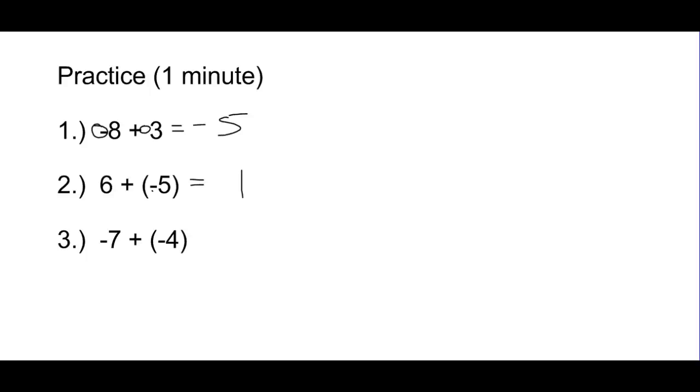The 6 is larger, so my answer is positive. Negative 7 and negative 4, they're the same, so I'm going to add them together and keep the sign. If it started negative, it stays negative. There's no reason to overcomplicate these rules. All you have to remember, signs the same, add, signs different, subtract.